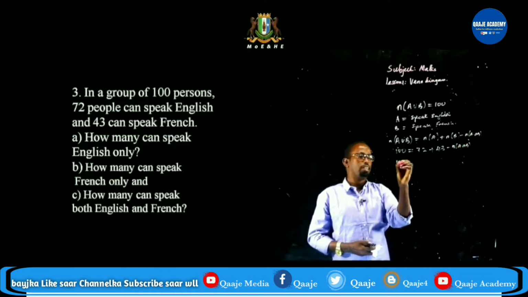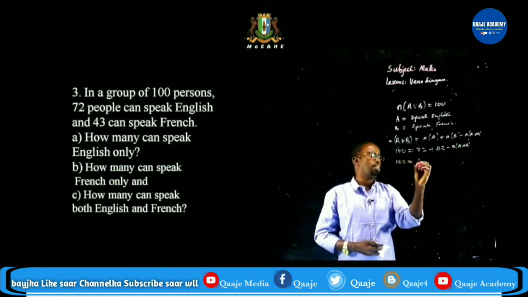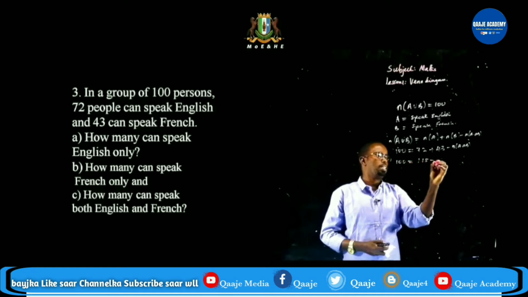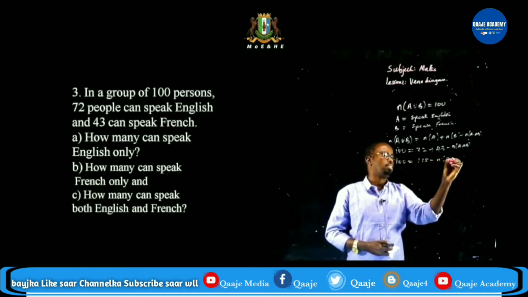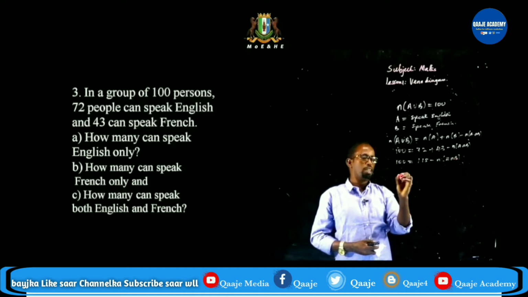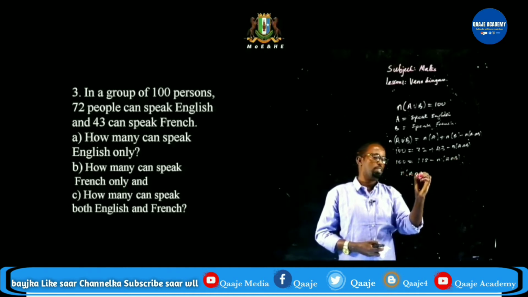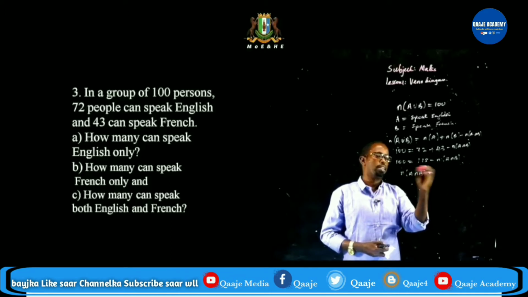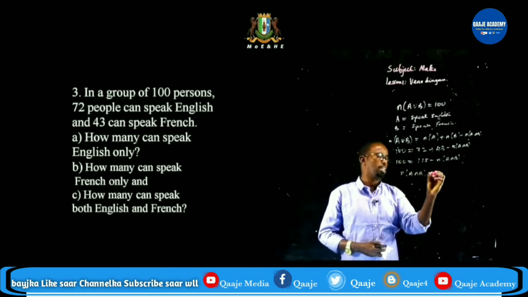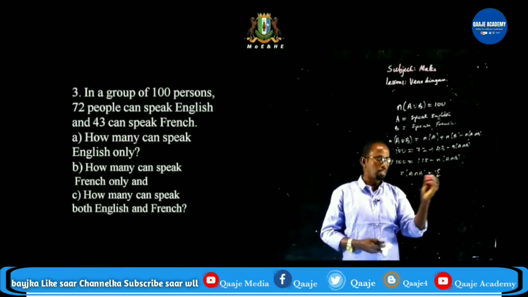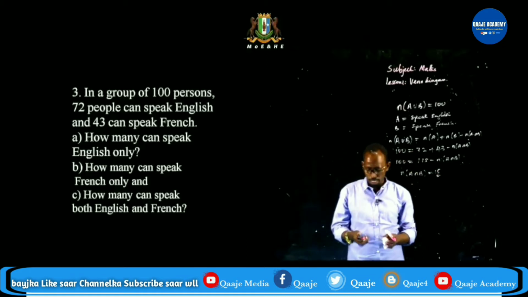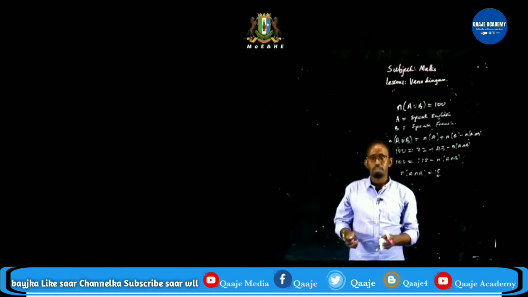So there you get 100 equal to 115 minus n(A intersection B). Therefore n(A intersection B) will be equal to 115 minus 100, you get 15. So that is example number 2.